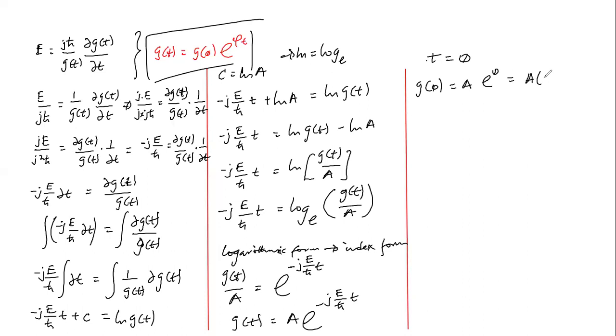So that's going to give us A times 1, which is equal to A. So meaning A is actually the initial value of this state function. So g(t), therefore, will now be the same as g(0) e^(-jEt/ħ), for t greater than 0. So that is the solution.